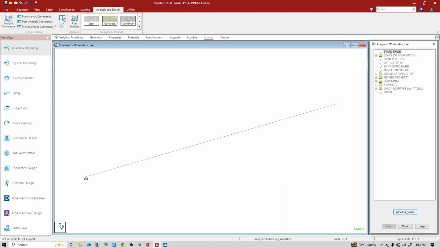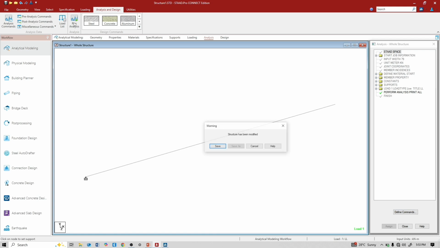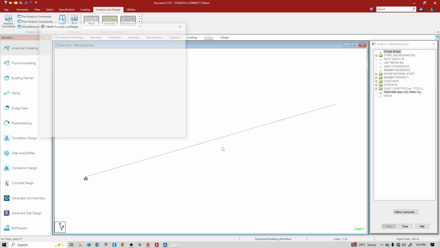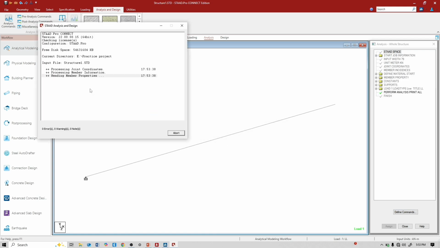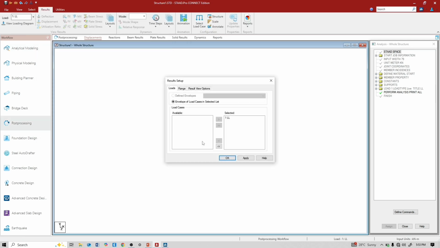See, just analyze it and close. See whether our applied load is correct or not in StatPro by using SFD and BMD comparison.